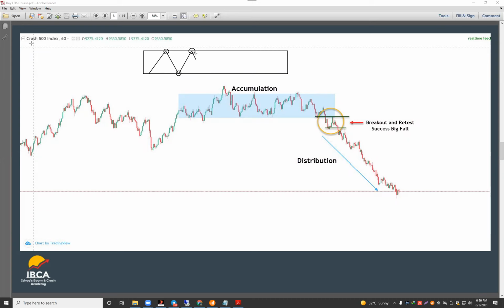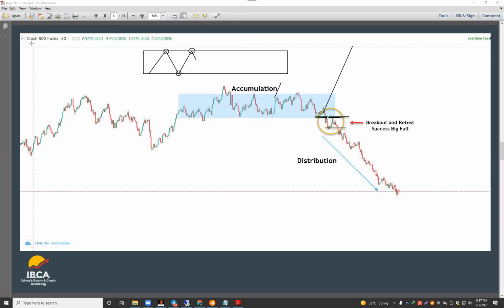It can be distribution, it can be accumulation. Accumulation we use when the price is moving in an up direction. Here you can say accumulation or distribution, so this will be called a distribution area, right? On this distribution area, what did you find?